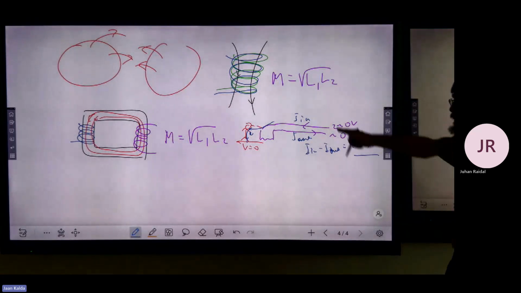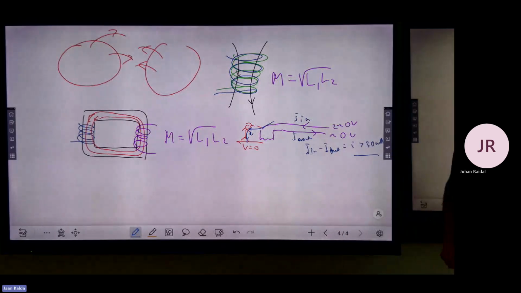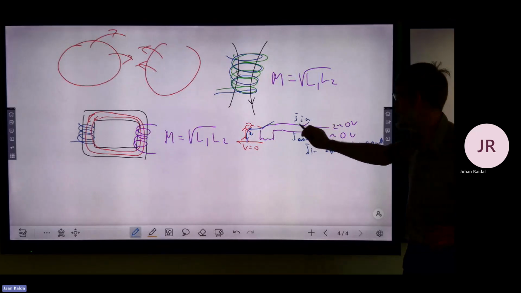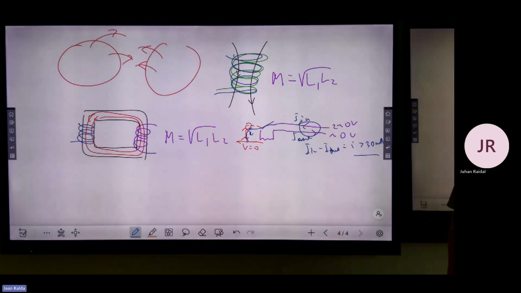It measures the current difference. And now the question is how to measure the current difference between two wires. How does the device do it? Using the same principle? Yes, exactly, using the same principle.